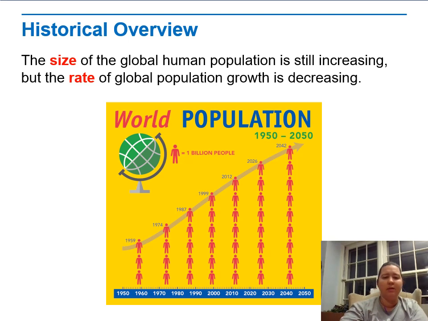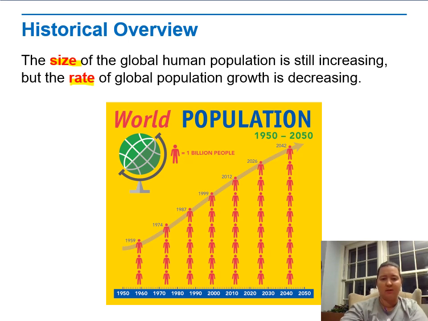But it's important to note that while the size is increasing, the rate at which it's increasing is actually starting to slow down. So if you look here, in 1959 we had 3 billion people.